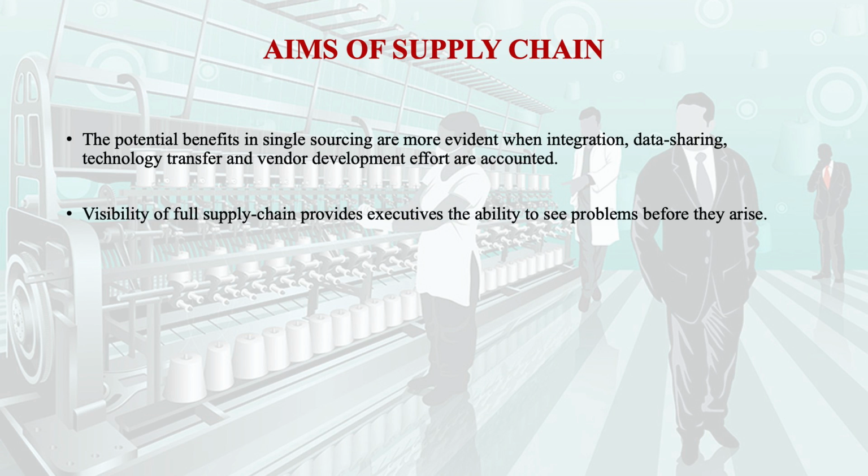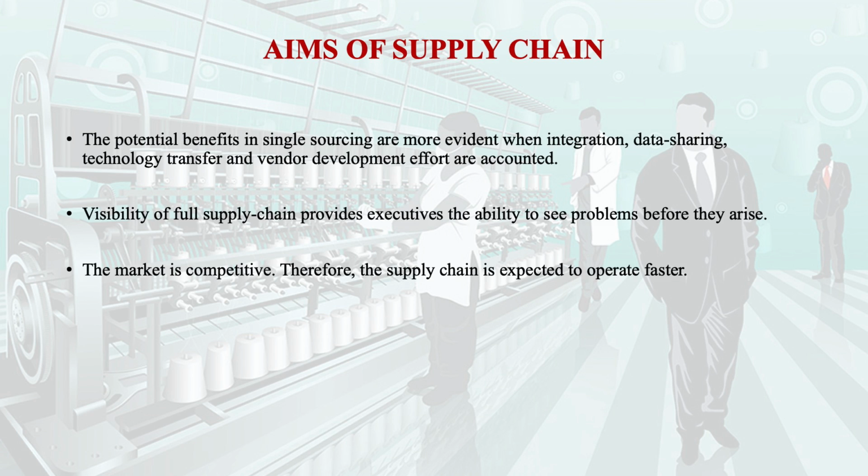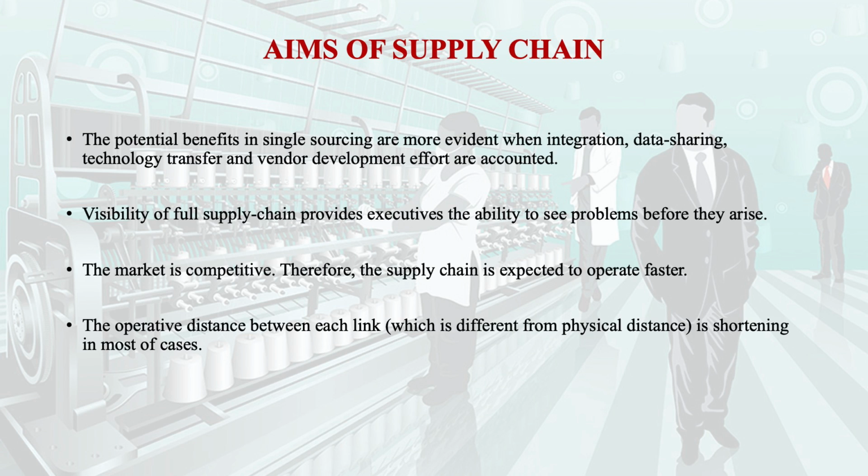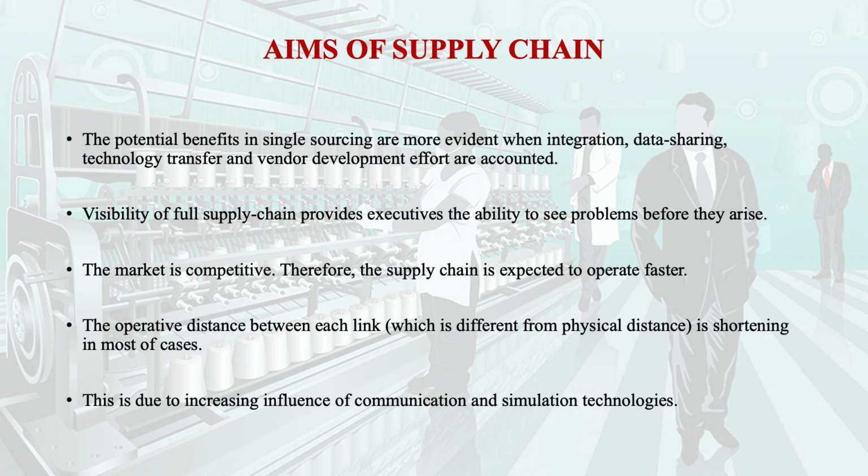Visibility of the full supply chain provides executives the ability to see problems before they arise. The market is very competitive and global, therefore the supply chain is expected to operate in a responsive and faster manner. Operative distance between each link, which is different from physical distance, is shortening in most cases. This is due to the increased influence of communication and simulation technology.